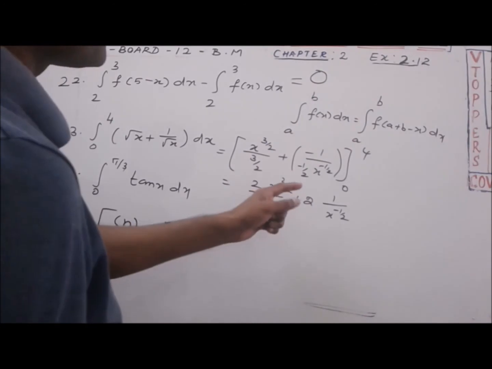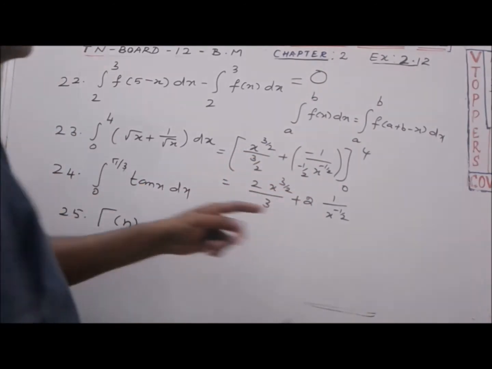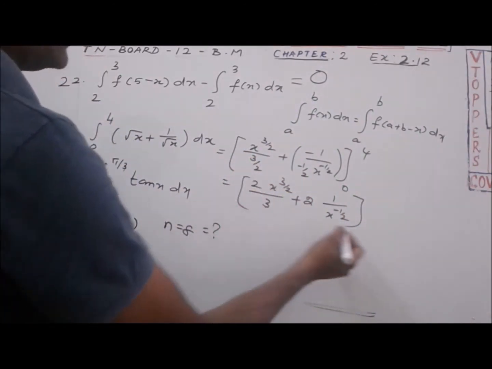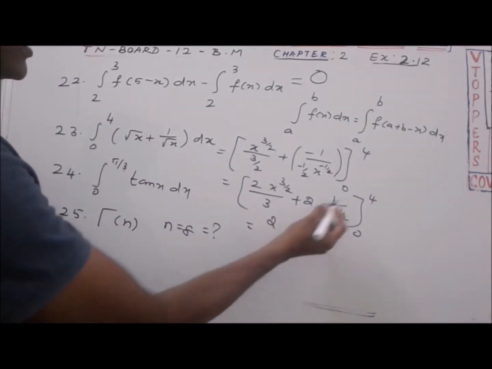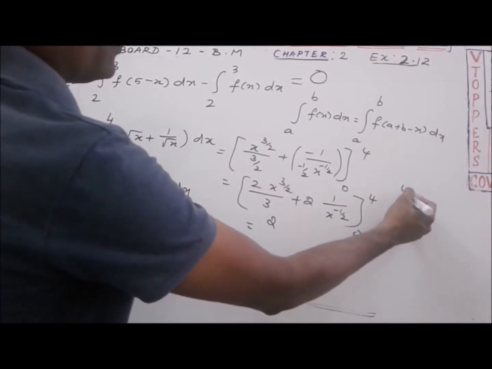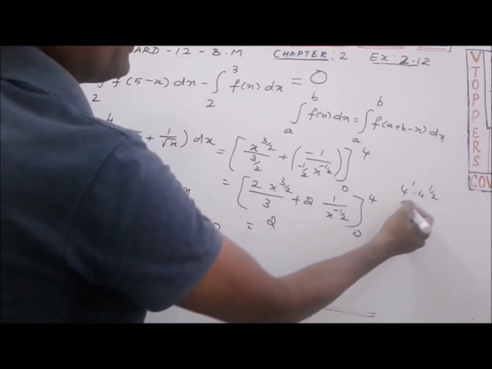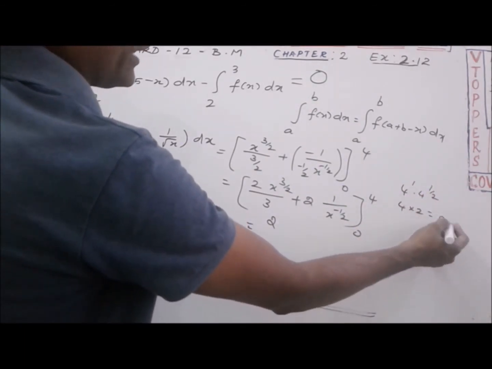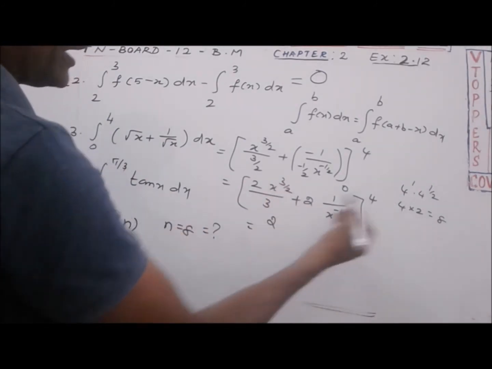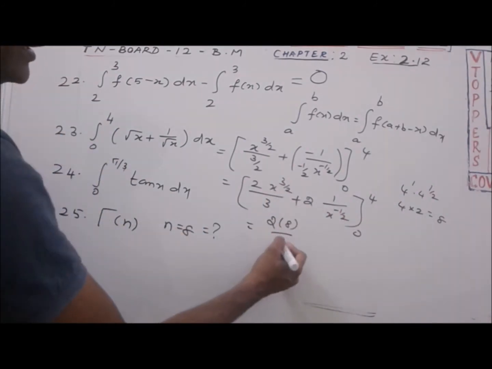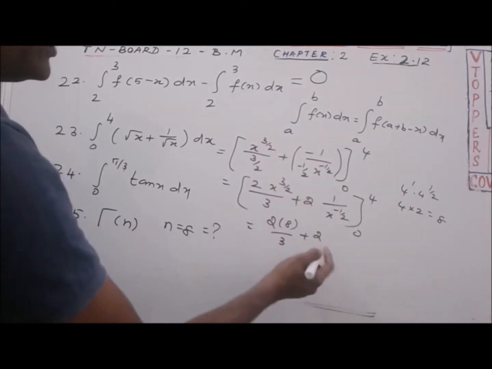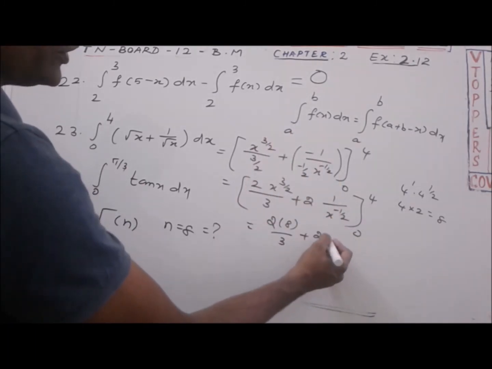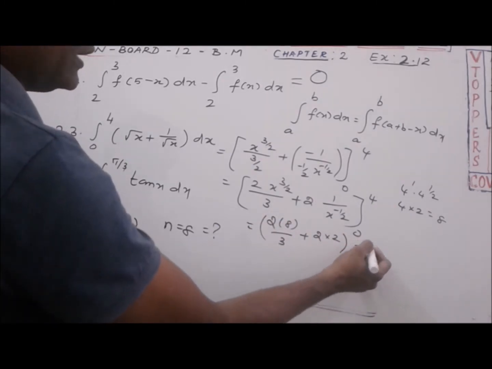Substituting upper and lower limit values 0 to 4, we have 2 into 4 power 3 by 2. 4 power 3 by 2 is 4 power 1 into 4 power half, 4 into 2 equal to 8, so 4 power 3 by 2 is 8. 2 into 8 by 3 plus 2 into, it can be written as x power 1 by 2, so 4 power 1 by 2 is 2, and substituting the lower limit both become 0.